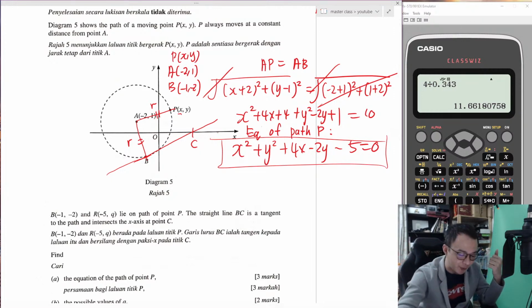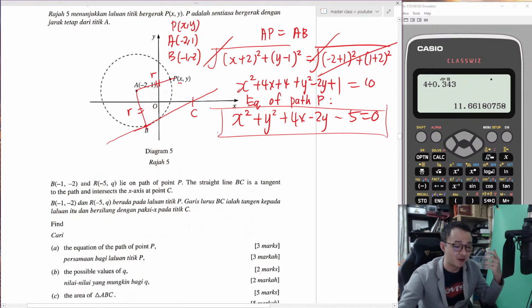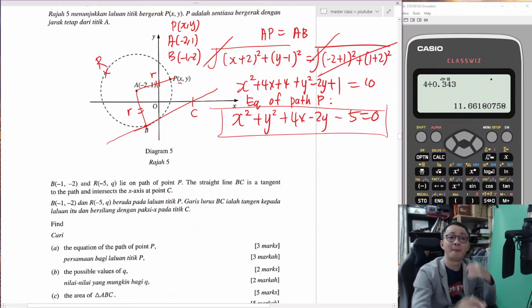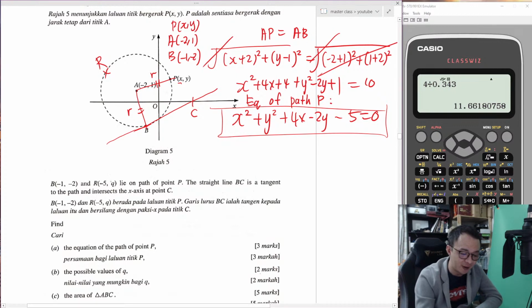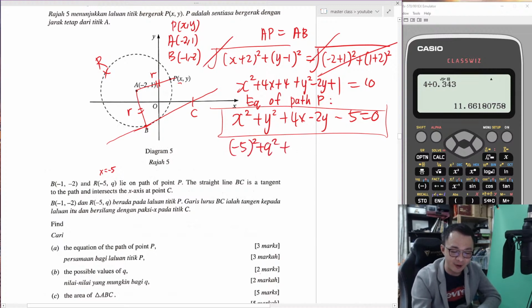Then what we want to do next is find the possible values of Q. Since we know R lies on the path, I can substitute the R coordinates into the equation. So x equals negative 5, y equals Q. It is negative 5 squared plus Q squared, plus 4 times negative 5, which is negative 20, minus 2Q minus 5 equals 0.